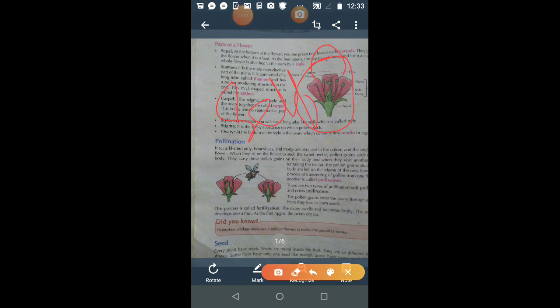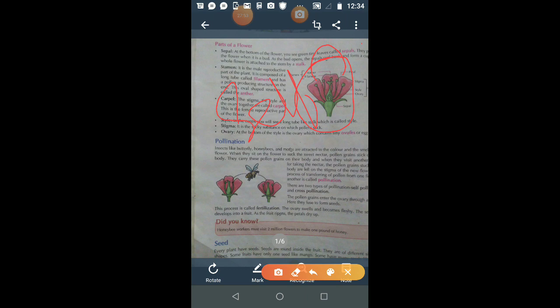Plant is the same. That is the reason I told you to draw a picture of a plant and on the same plant draw many flowers. Now what happens here? Pollen from one flower is transferred to the stigma of another flower. But the common thing is that the plant is the same.